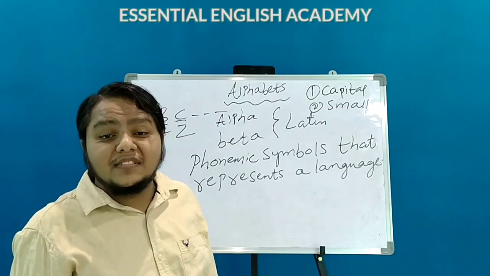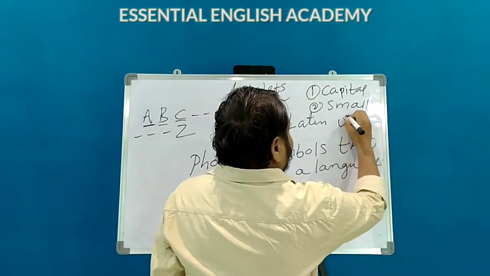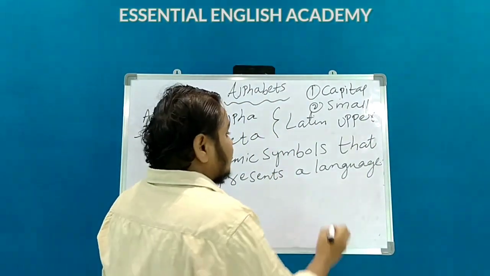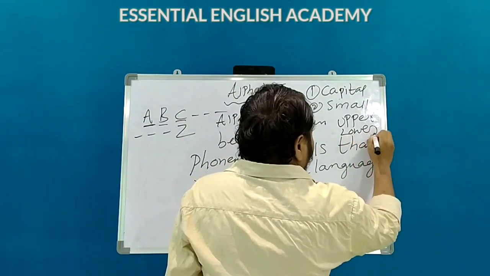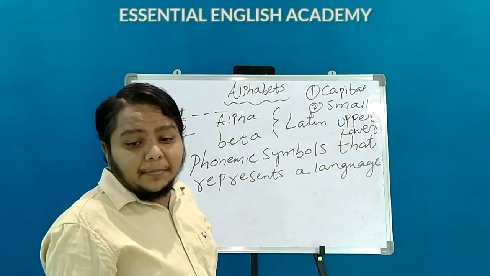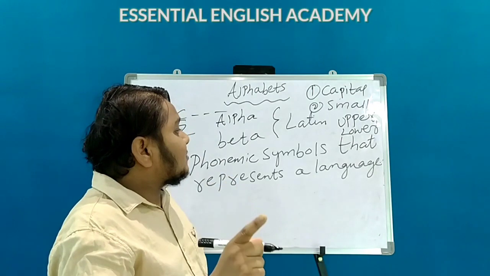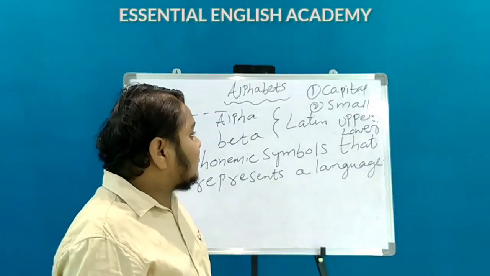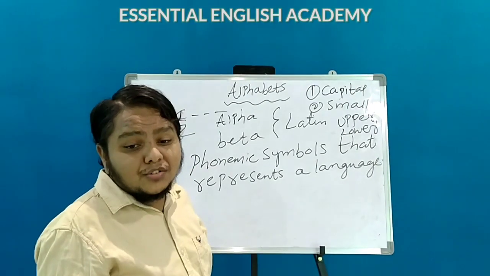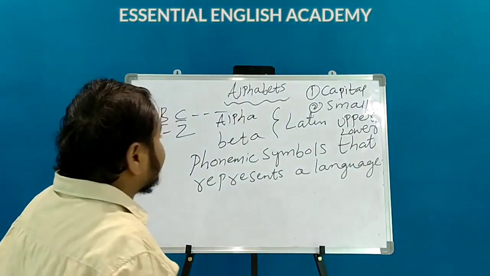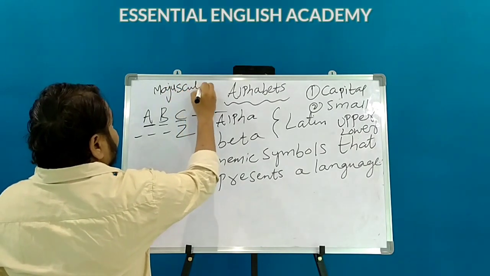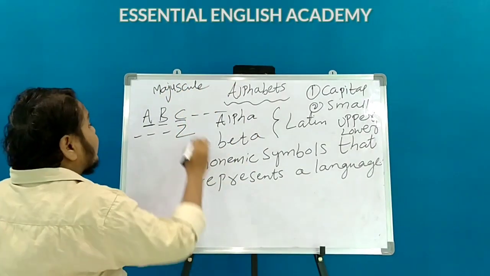Capital letters are also known as uppercase letters, and small letters are also called lowercase letters. Uppercase letters are also called majusculae, and lowercase letters are also called minusculae.